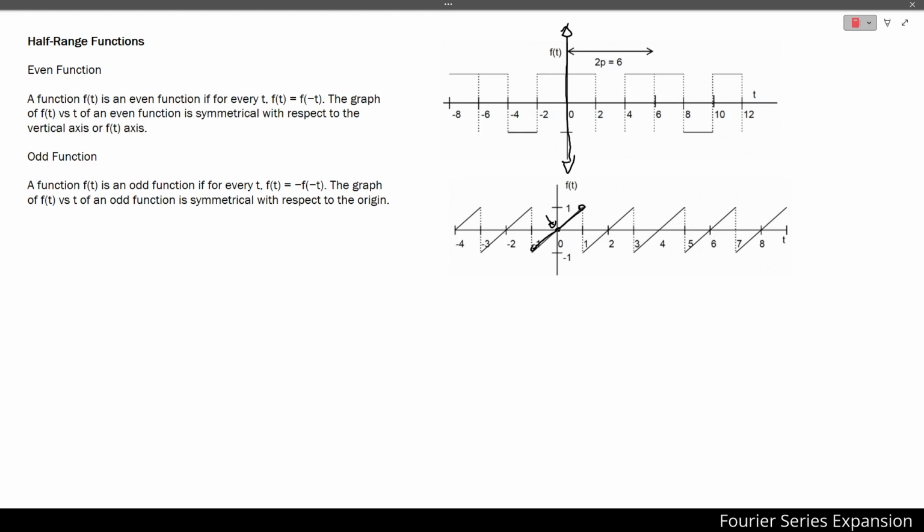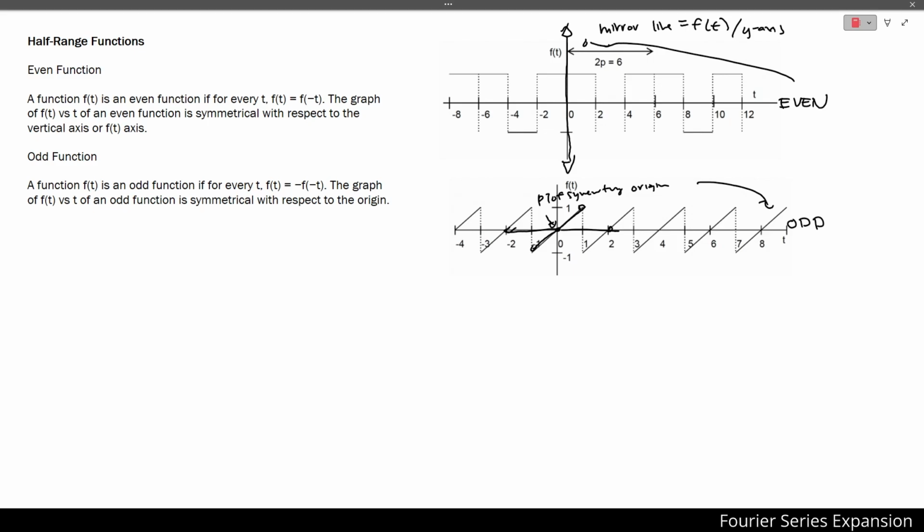So for this one, this is symmetrical with your origin. This is an odd function. Kanina, this is an even function. Point of symmetry, origin, the odd. Meanwhile, sa even, your mirror line is your f of t axis or your y-axis.